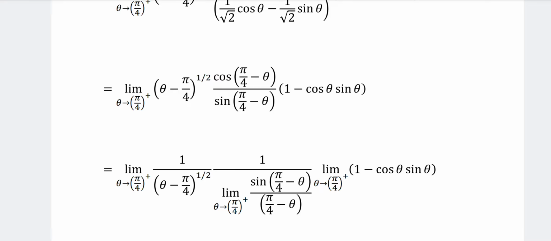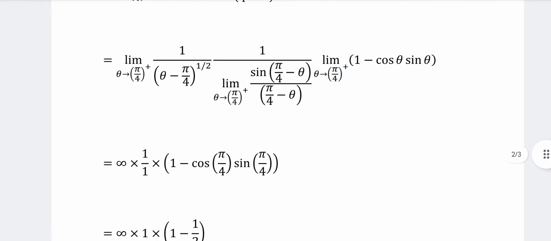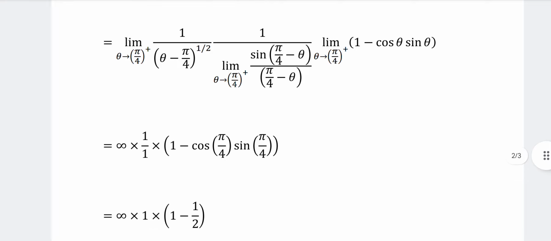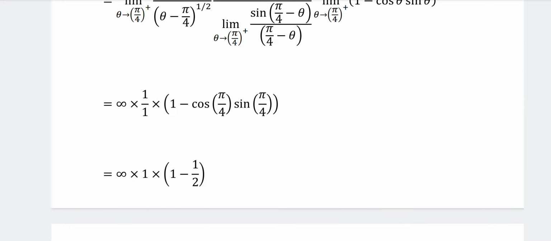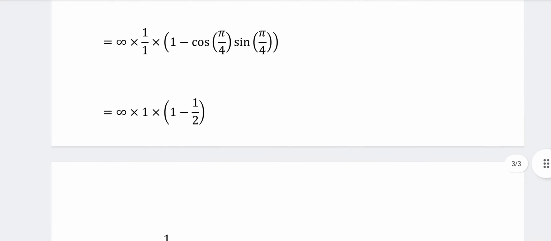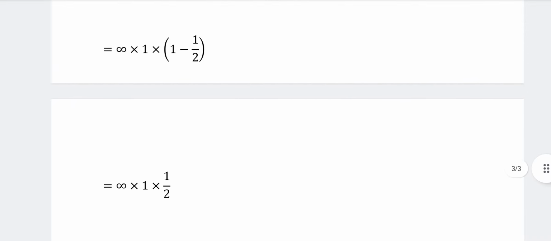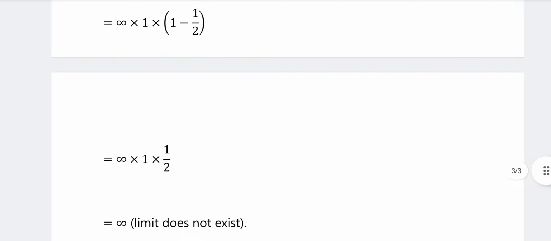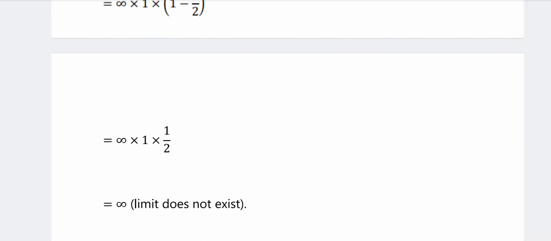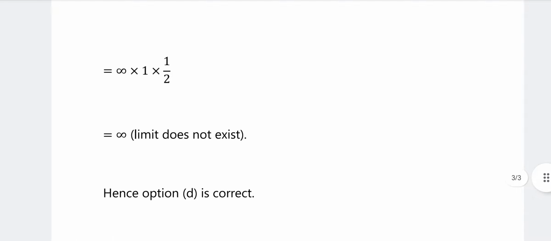The limit of 1 minus cos theta sin theta is 1 minus cos pi by 4 into sin pi by 4. After solving, you get infinity into (1 minus 1 by 2), so infinity into 1 into 1 by 2. Since the rest are positive numbers, this limit is going to be plus infinity. Hence the limit does not exist. Therefore the answer, option D, is correct.